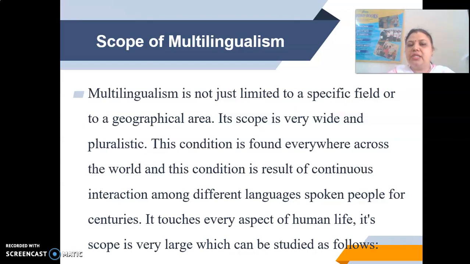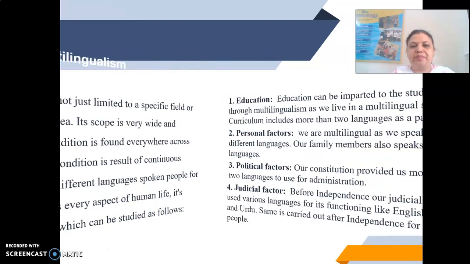This condition is found everywhere across the world, and this condition is a result of continuous interaction among different language-speaking people for centuries. It touches every aspect of human life. Its scope is very large and can be studied as follows.